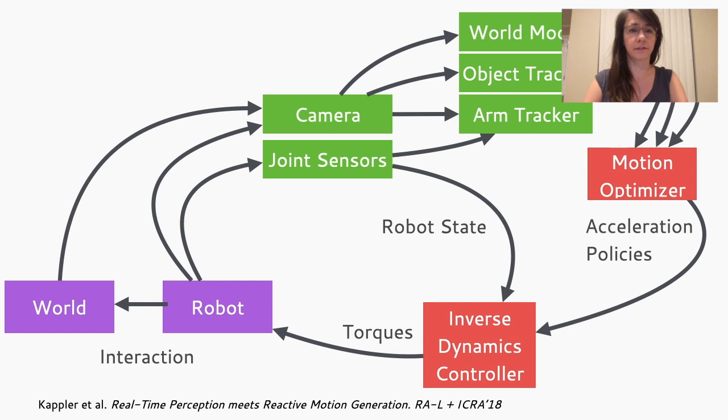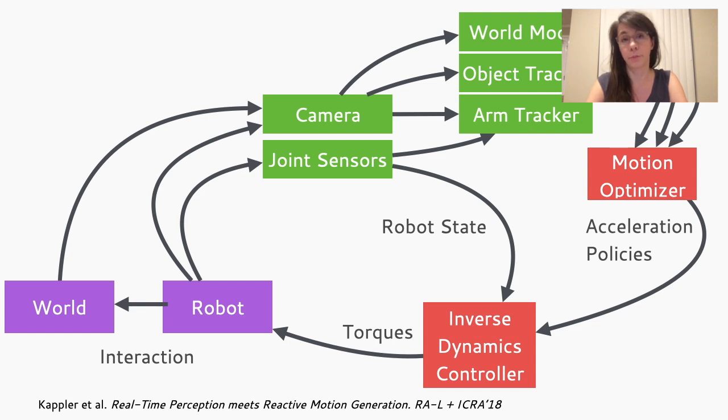Each of these boxes makes a contribution to the respective subfield within robotics. But I don't want to talk too much today about what is in these systems. What I want to impress on you instead is that what is important is not only what is in these boxes, but also how you connect them together.